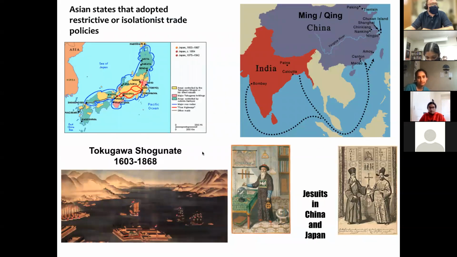So in 1450 to 1750, the Tokugawa and the Ming, and later the Qing, restrict access to foreigners. Because in 1450 to 1750, they're of equitable power to Europeans. They're not going to start losing, the Japanese and the Chinese, until the 1800s, post 1750.